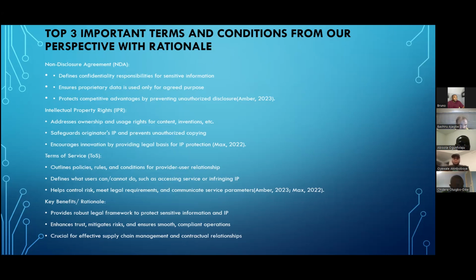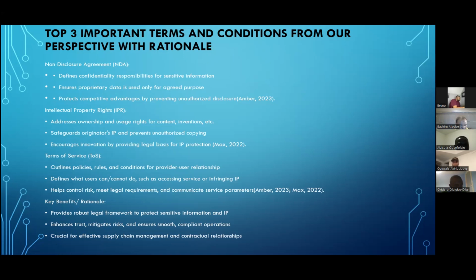Another one is terms of service, which outline policies, rules, and conditions for the provider-user relationship. They also define what users can and cannot do, such as accessing services or infringing IP. They help to control risks, meet legal requirements, and communicate service parameters.